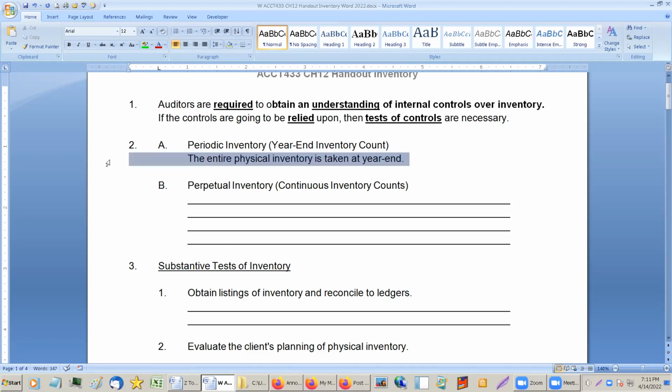The entire physical inventory is taken at year end, at the end of the period. You could have monthly inventories, but usually it's year end. So periodic inventory: a year-end inventory count, where the entire physical inventory is taken at year end.